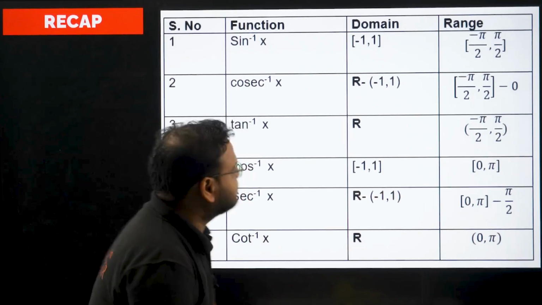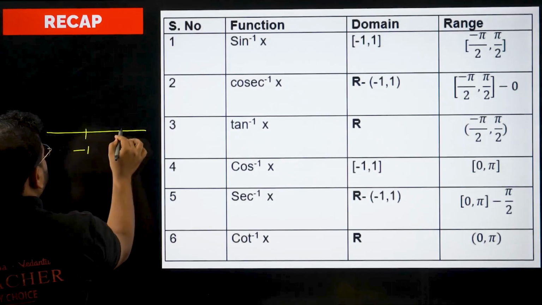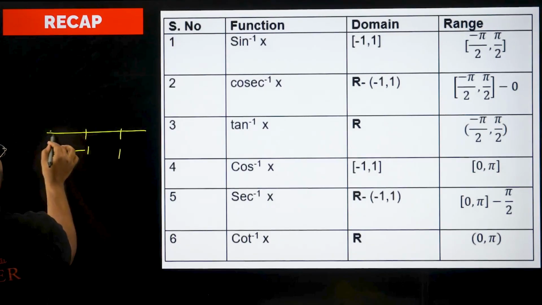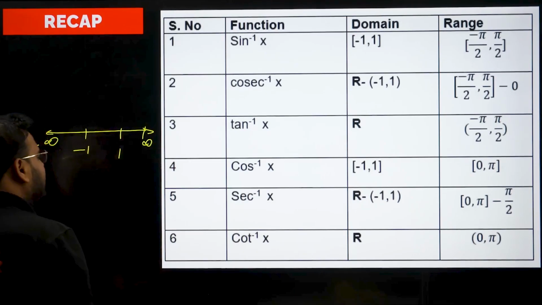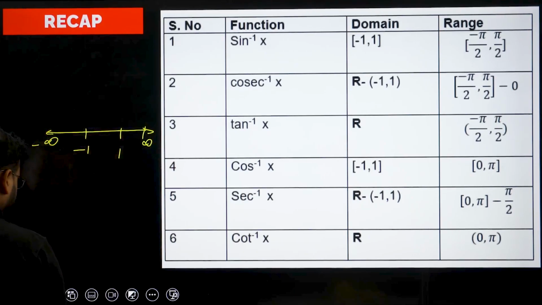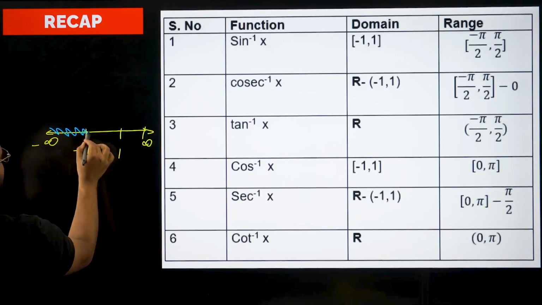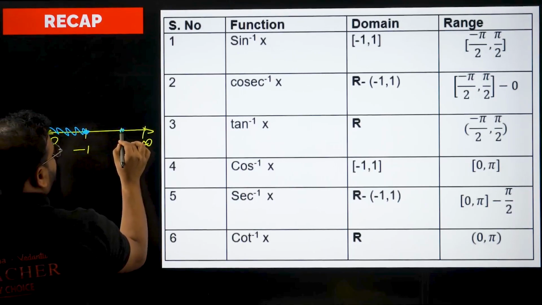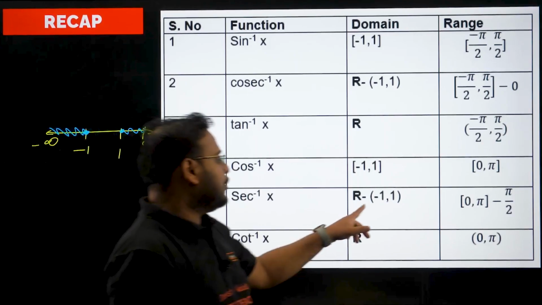What it means is, if I take on the number line 2 numbers, minus 1 to 1, here we have negative infinity, here we have plus infinity, then my result will be, please check, this is my answer. So all this area, including 1, minus 1 sorry, and including 1 also, all this area will be the domain, okay?